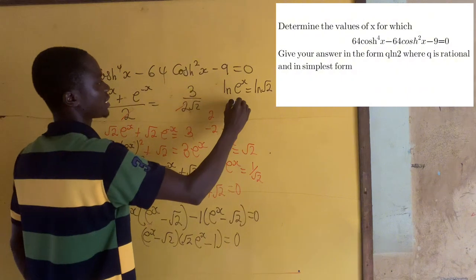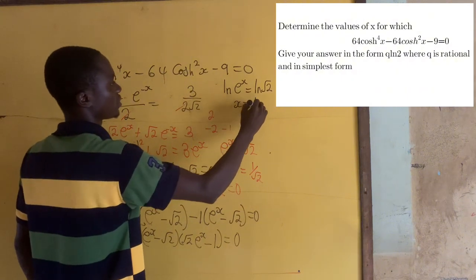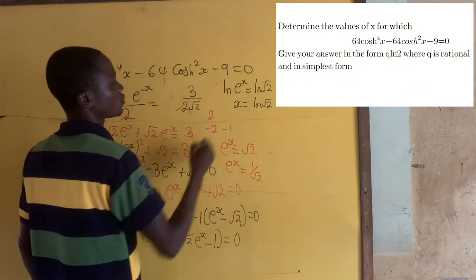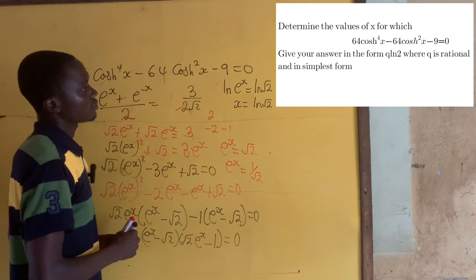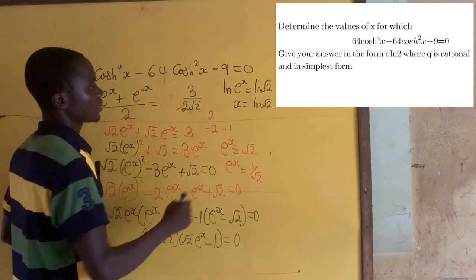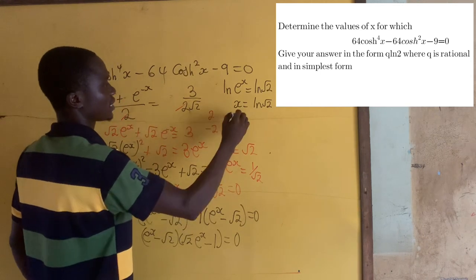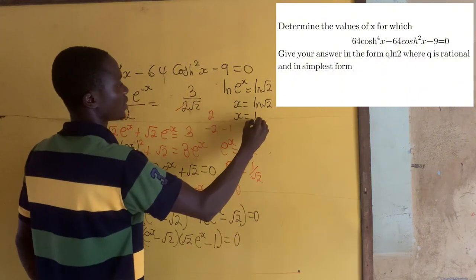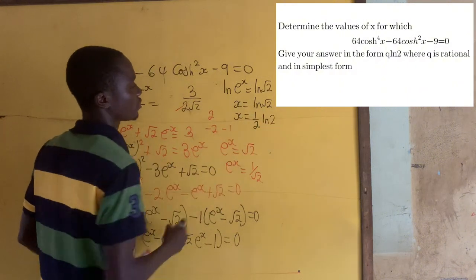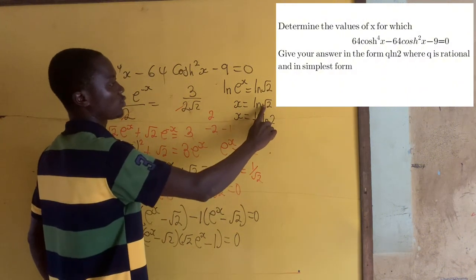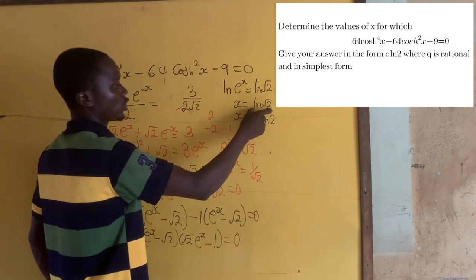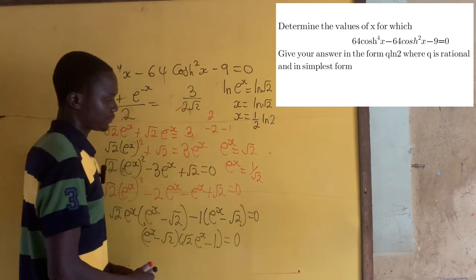Now we have x equals ln of square root of 2. And this can be written as x equals half of ln of 2, because the square root is the same as power half. Then from the laws of logarithm, we bring the half down to get this.